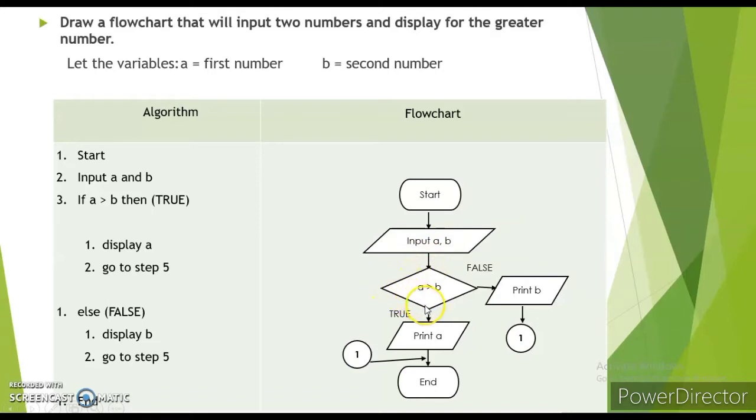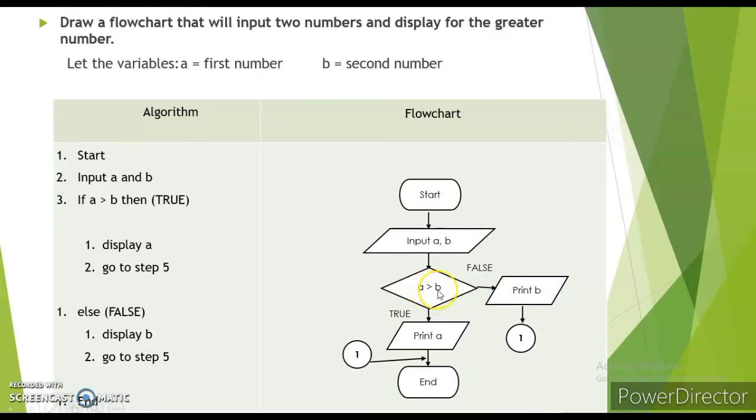A, yan, gagamit tayo ng decision symbol. Ganito yung itsura ng decision symbol. So, it is questionable, answerable by yes or no, or true or false. Ayan. So, A is greater than B.